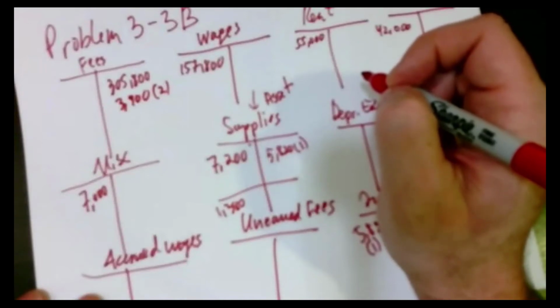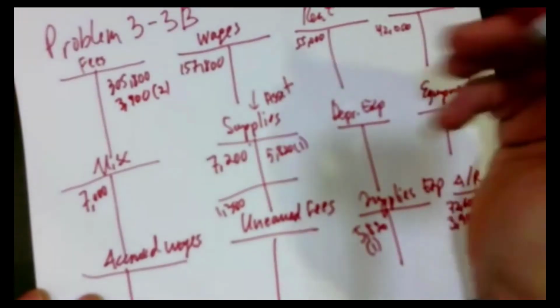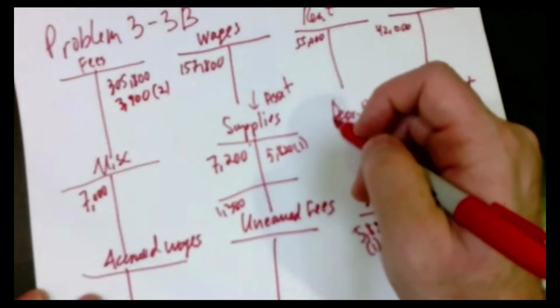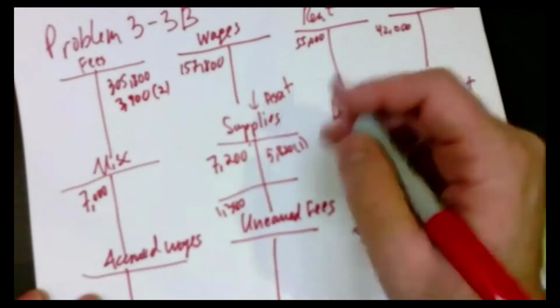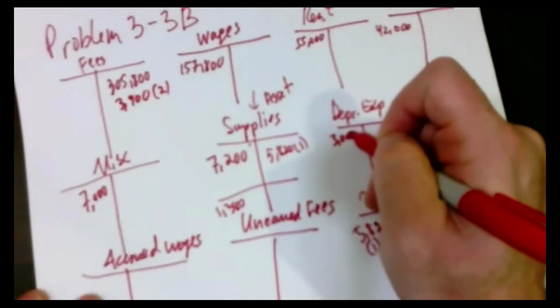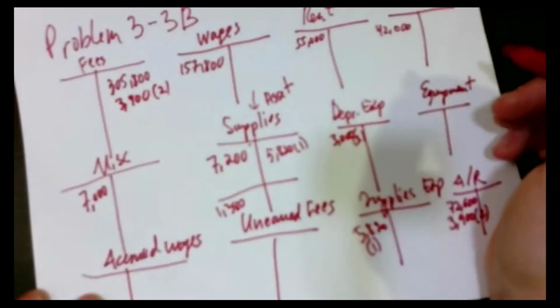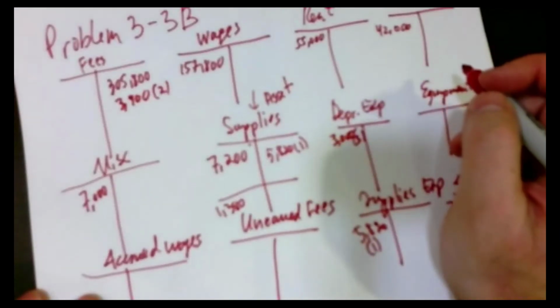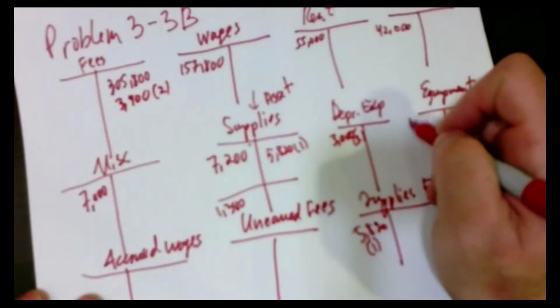The third journal entry has to do with depreciation. Depreciation of equipment was estimated to be 3,000 for the year. There is no other depreciation account, so you need to debit depreciation 3,000. They have an equipment account that has a starting balance of 112,000.